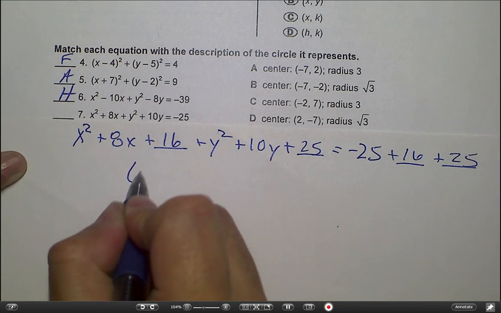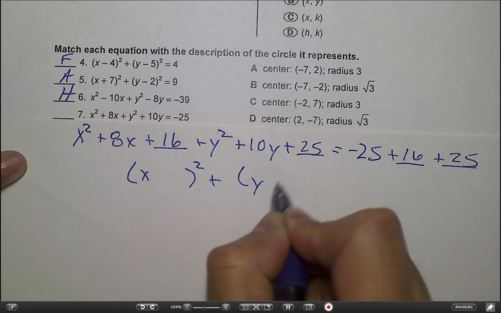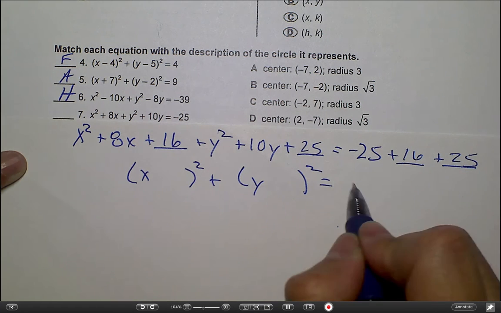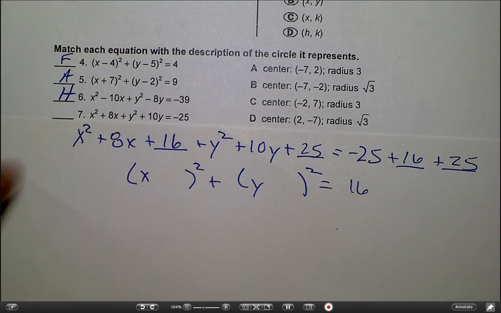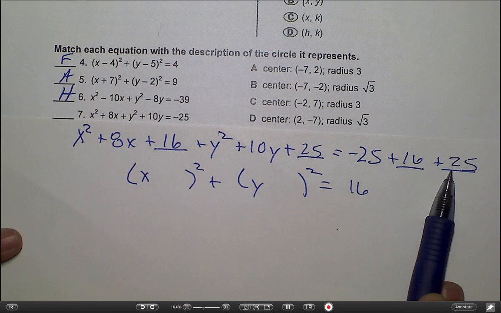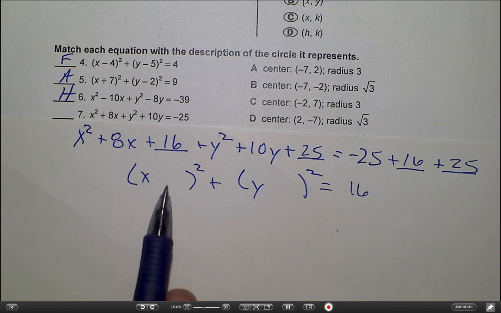It's going to be x something squared plus y something squared equals 16. You got that off of adding all of them? Yes, add these together because I have a negative 25 and a positive 25, and then I have positive 16. All right, let's see if you guys paid attention on that last one. What am I going to put right here? Plus 4.